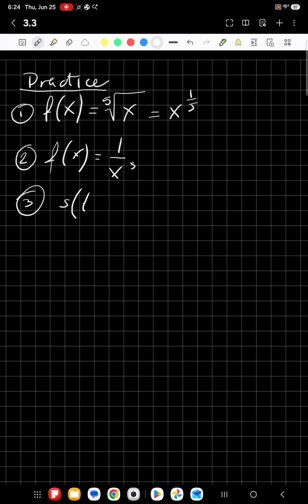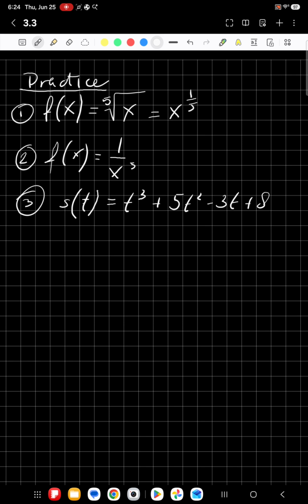This one is s of t equals t to the third plus 5t squared. It can't be x squared. I mean, it could be, but that's not the point here. So it's t squared minus 3t. So here the variable is different, it's just t, but the process is the same.